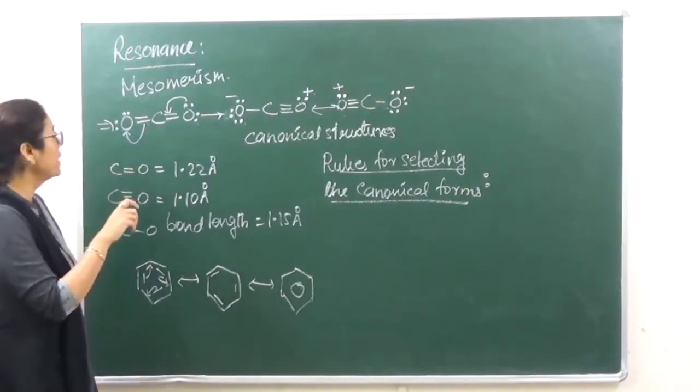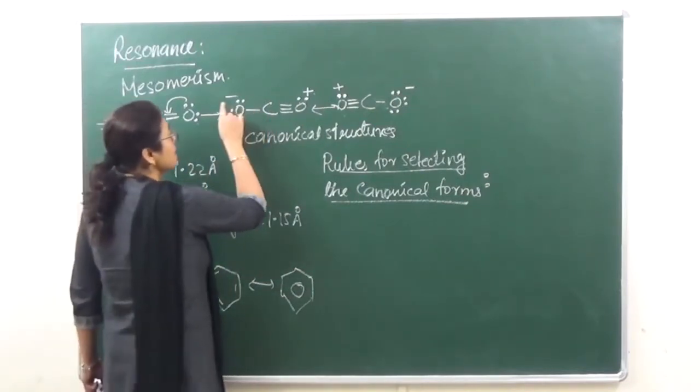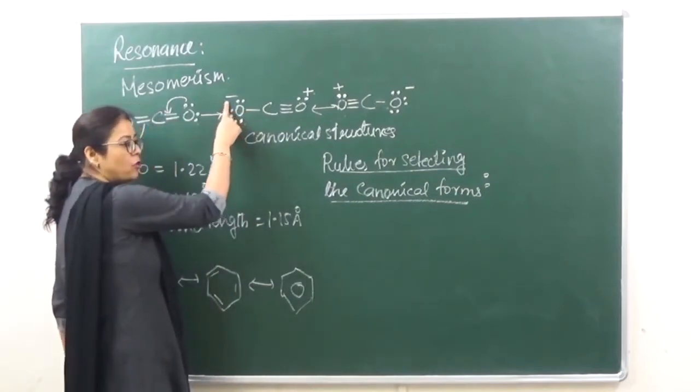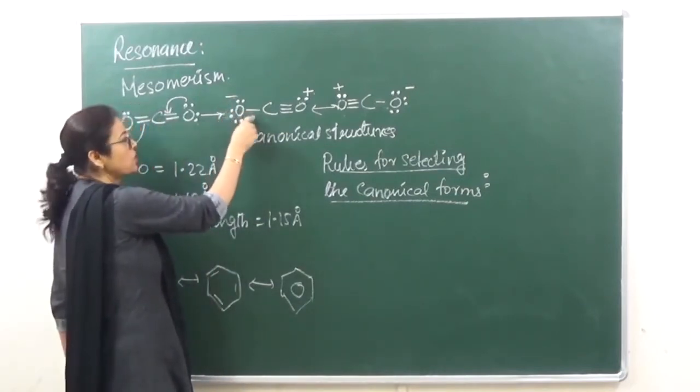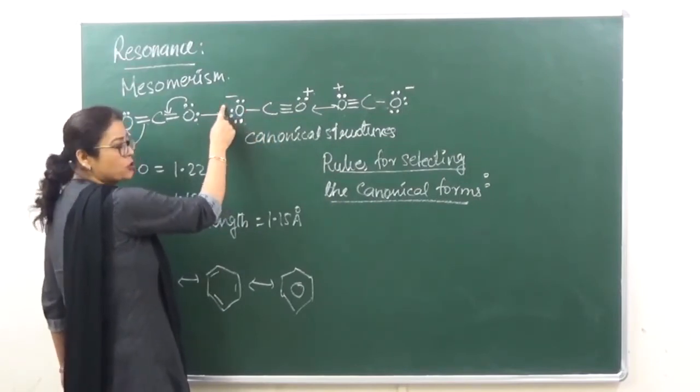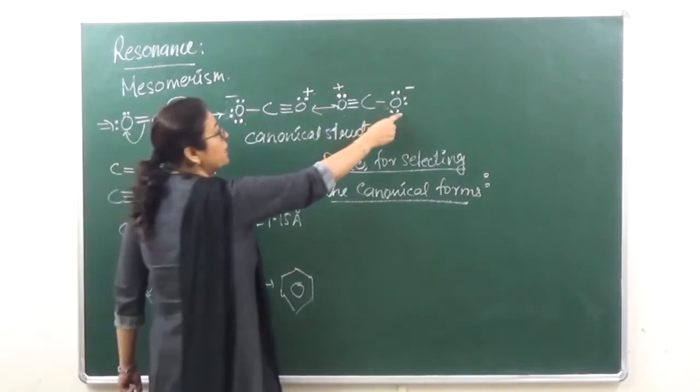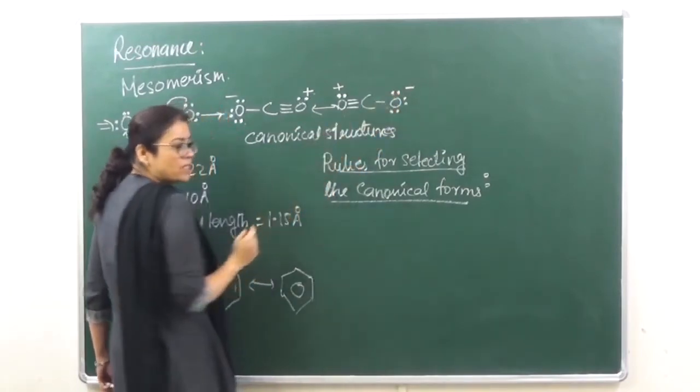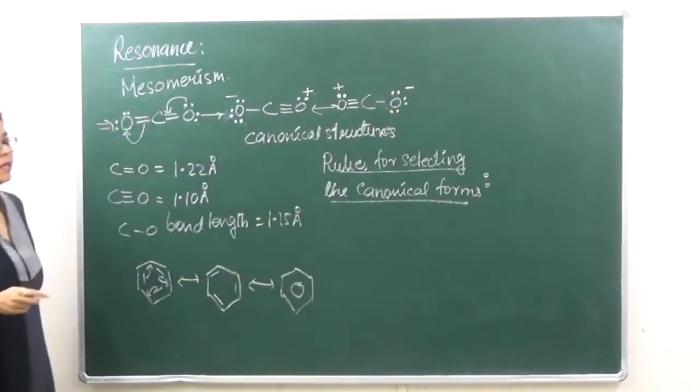Okay, so if you're looking over here at this, the negative charge over here is at oxygen. Oxygen is more electronegative than carbon, so the negative charge should be over here. Similarly, over here also you're looking at the negative charge has to be on the more electronegative oxygen.